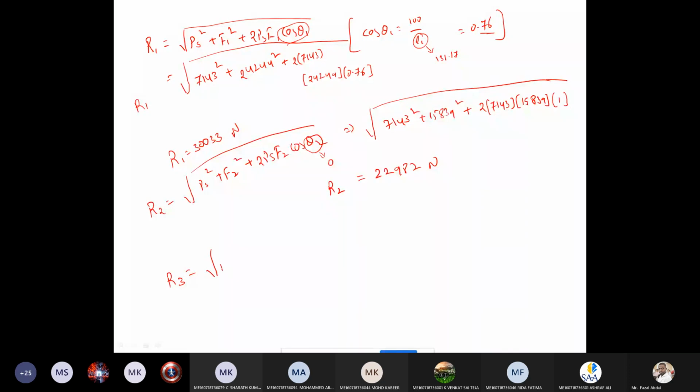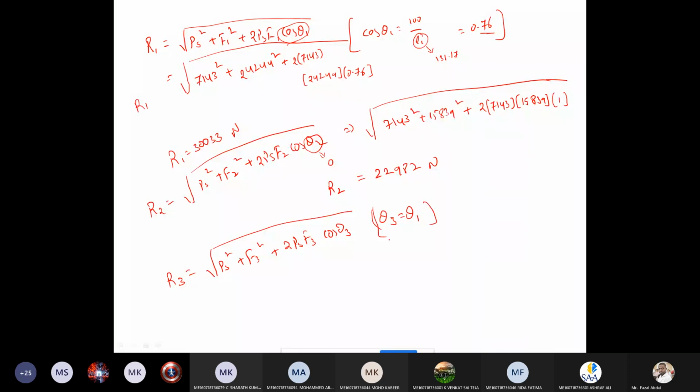In the same manner, R3. R3 is Ps square plus F3 square plus 2 Ps F3 cos theta 3. So theta 3, how much? Theta 3 equals theta 1 only, because the two rivets are positioned in the same manner.